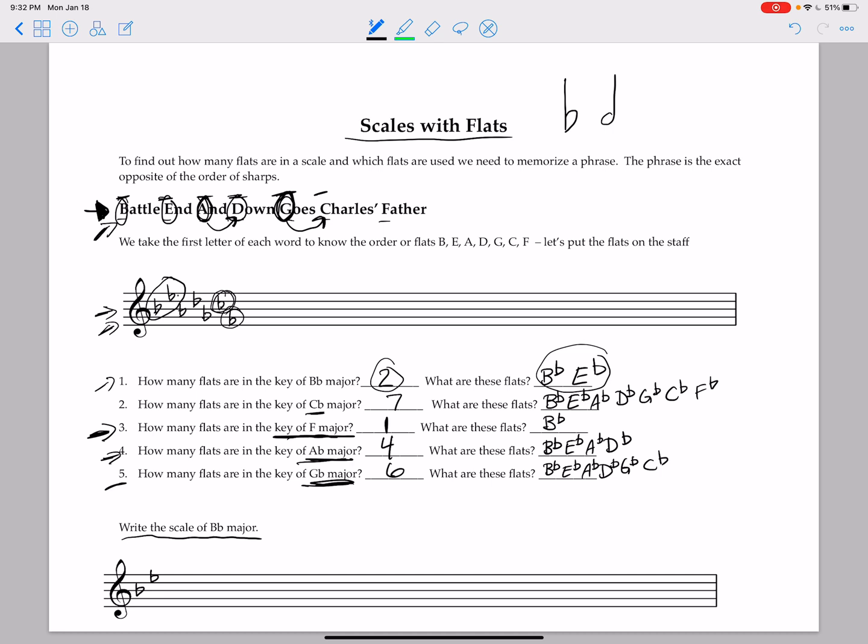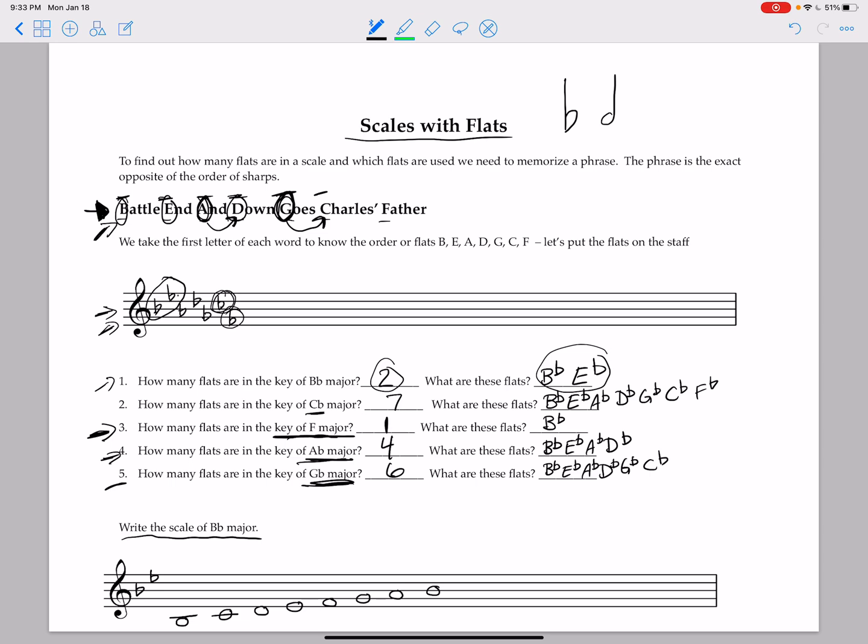Now our B's are already flattened because of the key signature, so you don't have to worry about that. And we can choose any B we want. I'm going to choose the lower one. So I'm going to start down here. There's B flat, C, D, E flat, F, G, A, and B flat again.